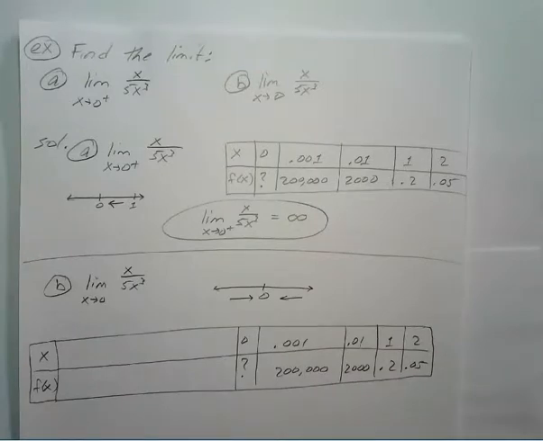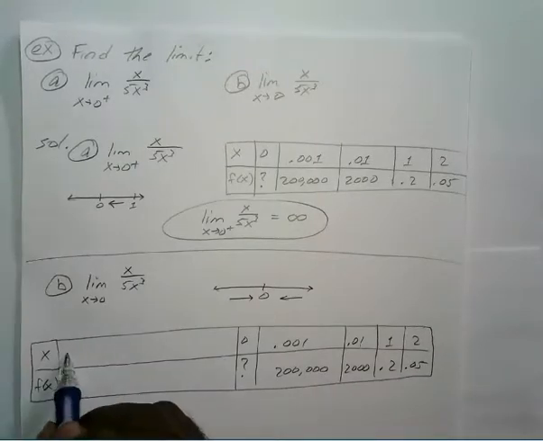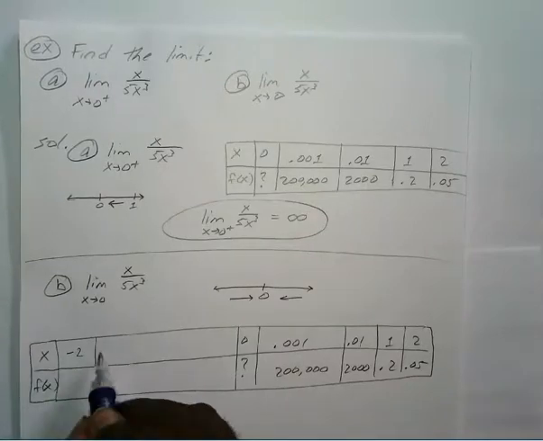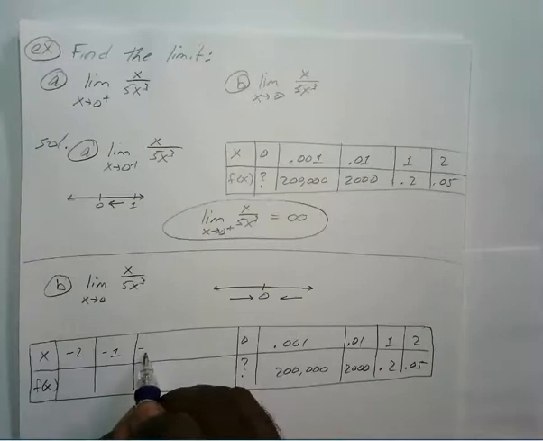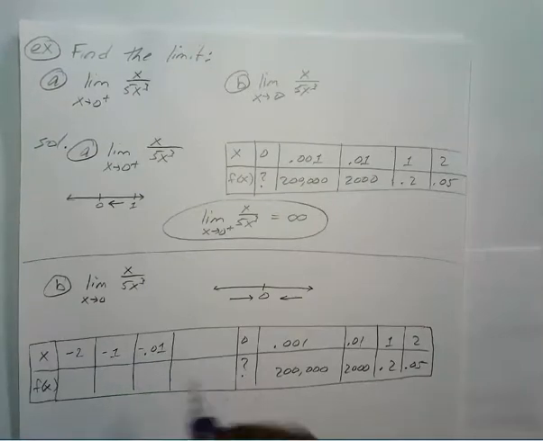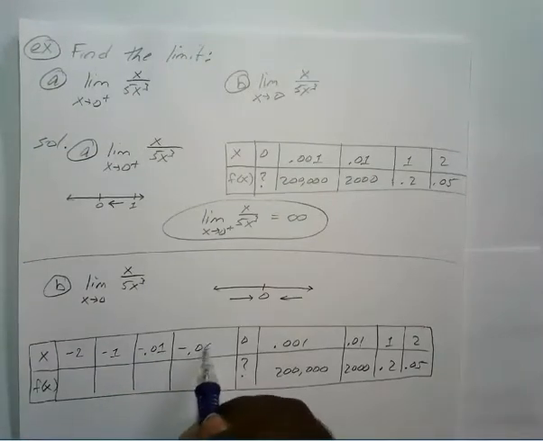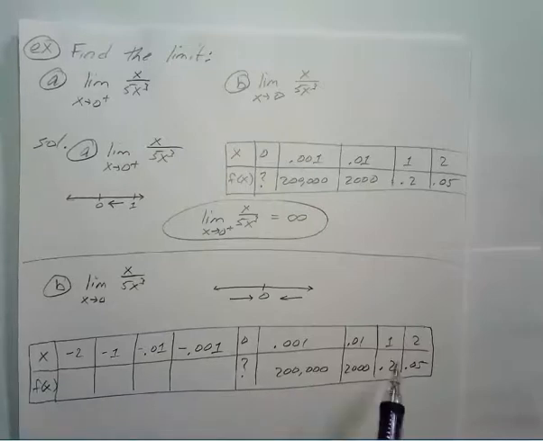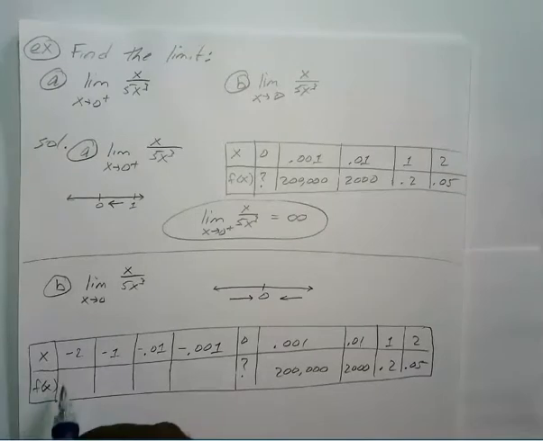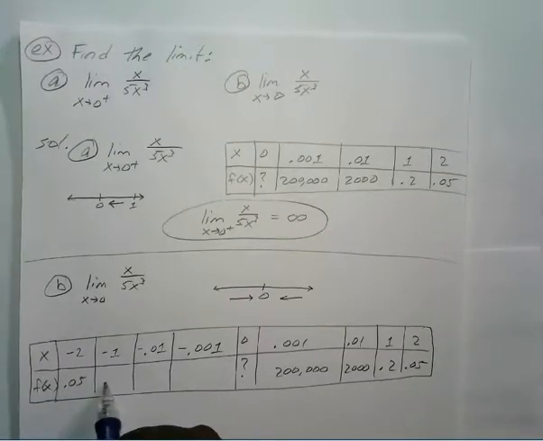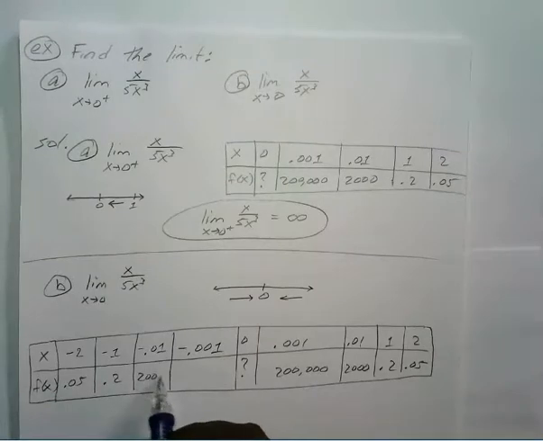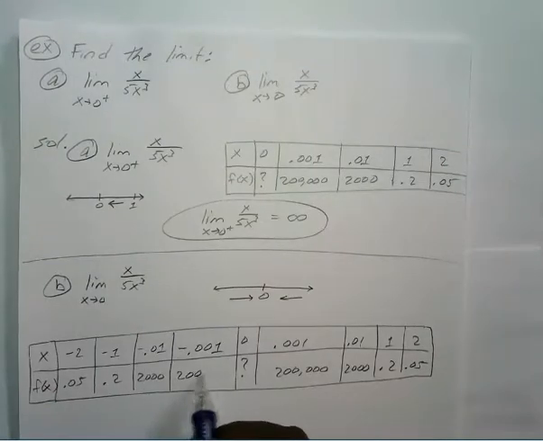Now, look at approaching it from the left. I'll just use -2, -1, -0.01, and -0.001, basically the negative of those if you're approaching from that way. If you plug it in, it's 0.05, 0.2, 2,000, and 200,000.